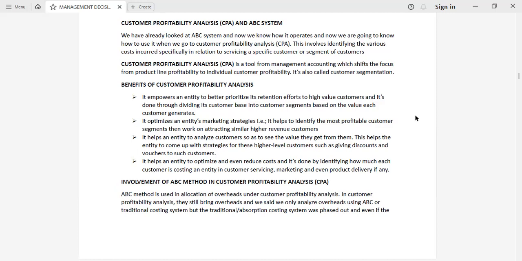So the last one we can look at is that it helps an organization to optimize and reduce costs. It's done by identifying how much customers are costing an organization in customer servicing, marketing, and even product delivery, if any. What this means is that if there are some customers who have been buying goods, but the distance from where they buy the goods to where they are taking them is costing the company a lot of money, you can decide to remove some of those customers.